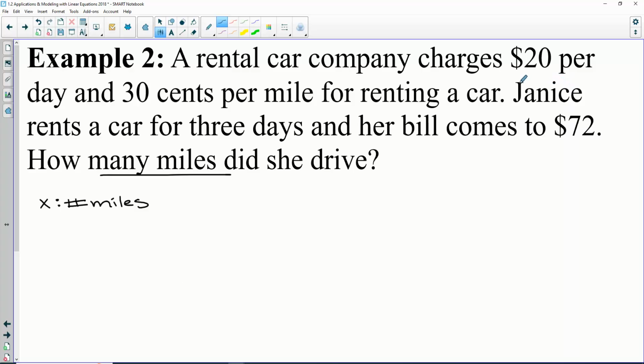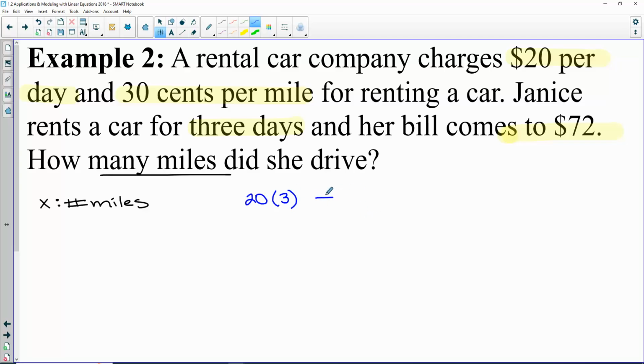So we know we're charged $20 per day, 30 cents per mile. We rent the car for 3 days and the bill was $72. So I have to come up with an equation for that. The $20 per day, how many times do I have to pay that $20? 3 times. So 20 times 3. If you went ahead and wrote 60, that's fine.